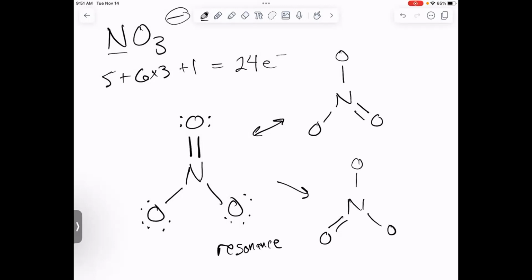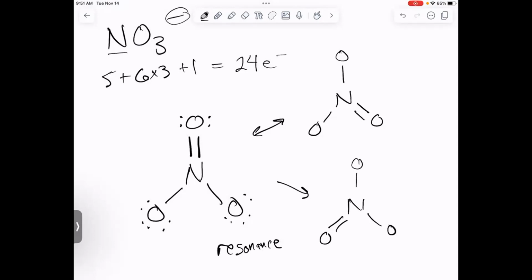The other part I want to point out about resonance that's kind of weird: if you have one nitrate polyatomic ion, you are not going to have a double bond and two single bonds. The way that molecule actually exists is that that one double bond, because it could go in any of those three spots, ends up shared between all three spots.